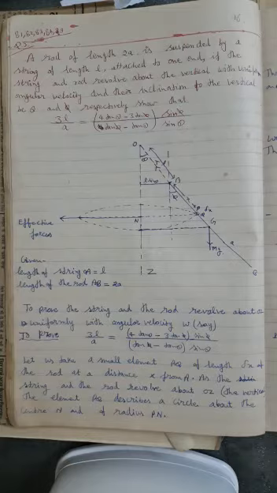Let us take a small element PQ of length delta x of the rod at a distance x from A. As the string and the rod revolve about OZ, the vertical, the element PQ describes a circle about the center end and radius Pn.